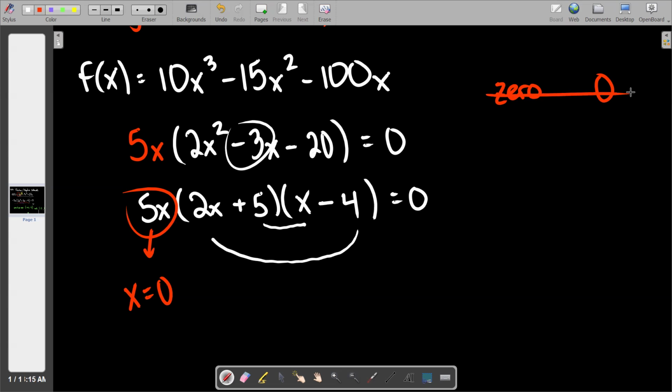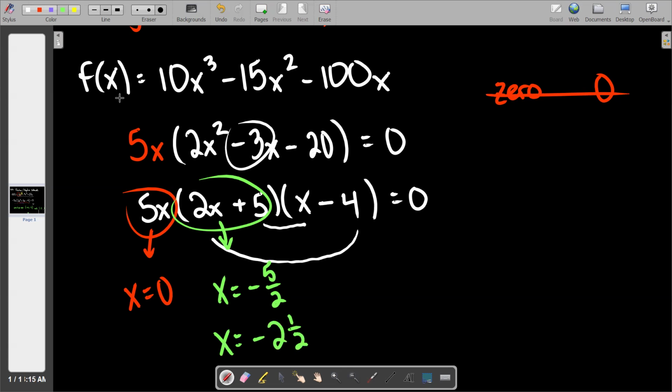So not the same. So the first zero is at x equals 0. The second zero comes from the green guy. What's that? Negative 5 over 2, also known as... Good job. Thank you, Hugo. Negative 2.5. And then we got the purple fellow over here. Love that guy. Gives us an easy 4.